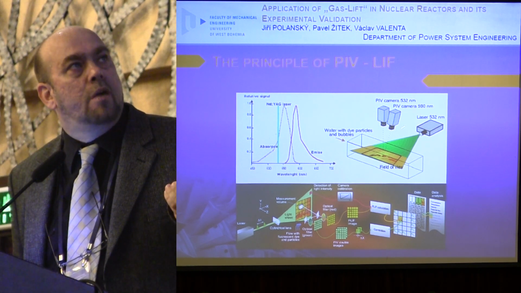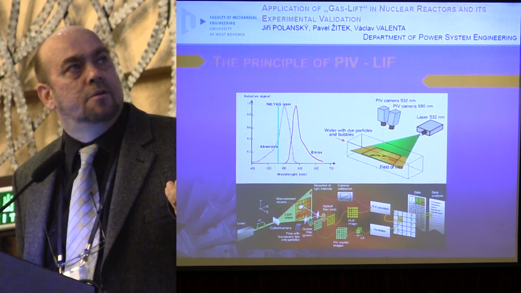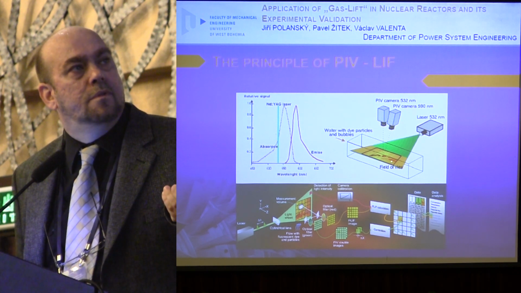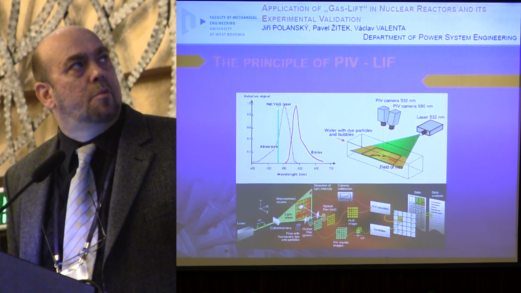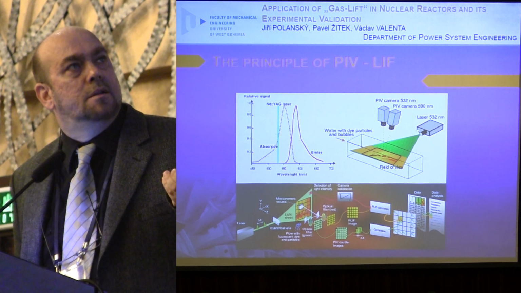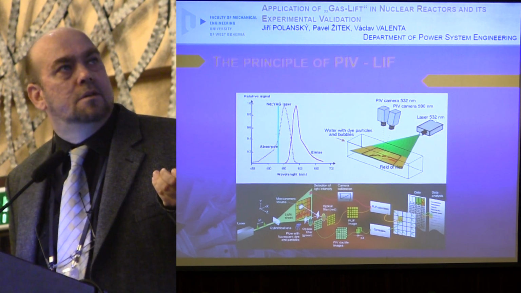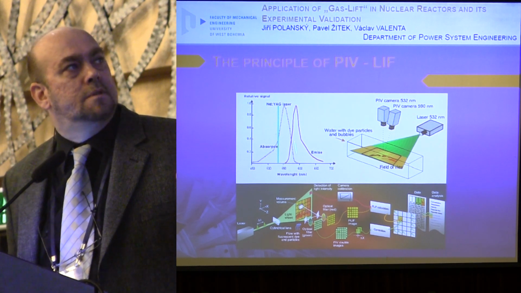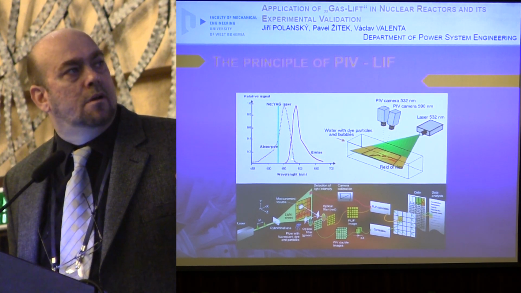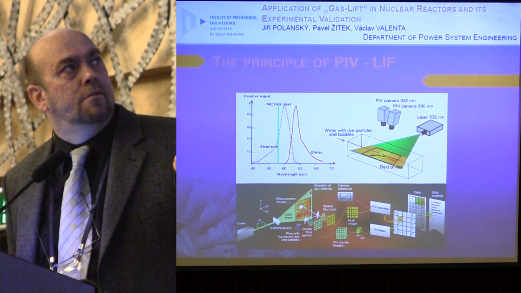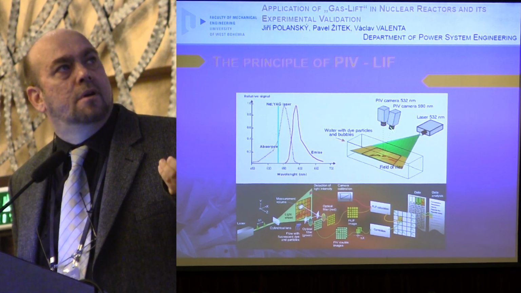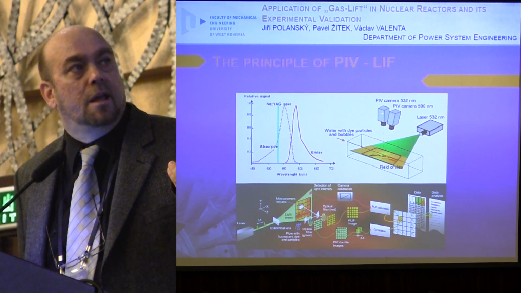We use two cameras, one camera with a filter. The rhodamine absorbs the light from the laser at a wavelength of 532 nm and emits at a higher wavelength, to which the second camera with the filter is sensitive.